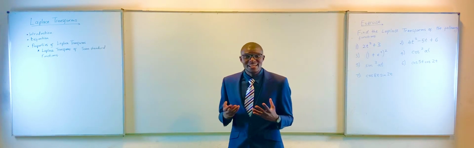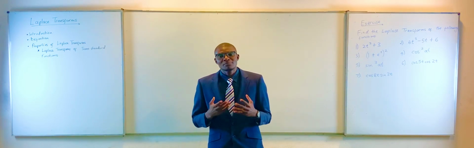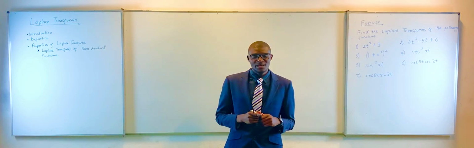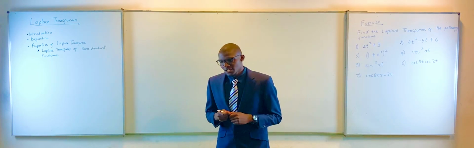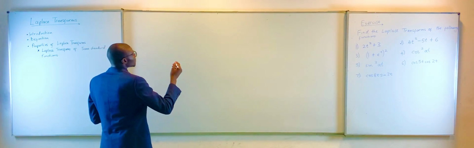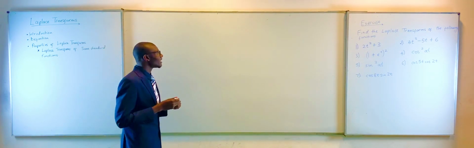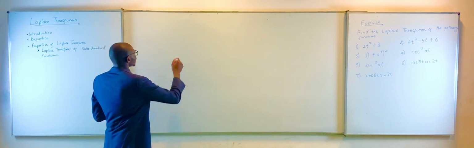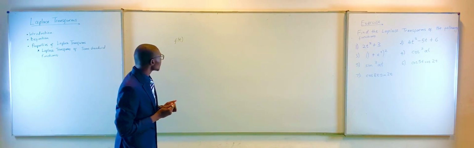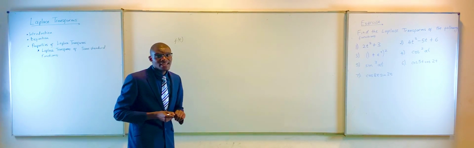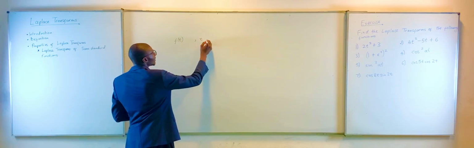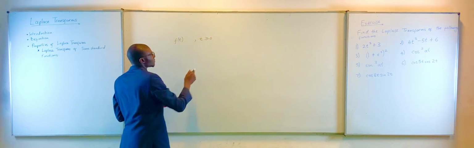So for the definition of a Laplace transform, let's say we've got a function f of t. Let f of t be a function that is defined for all values of t that are greater than or equal to 0.